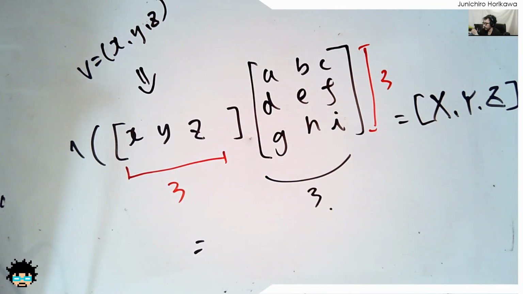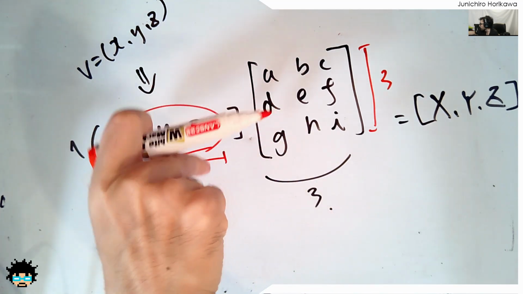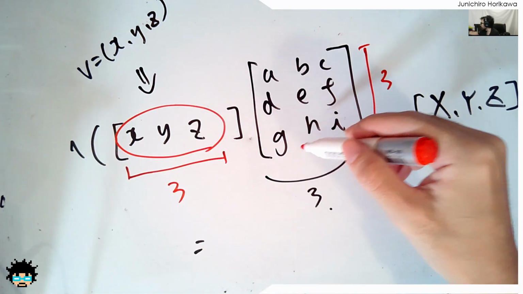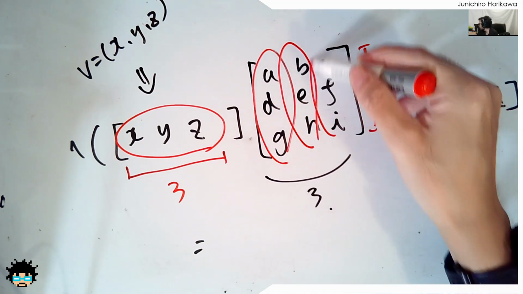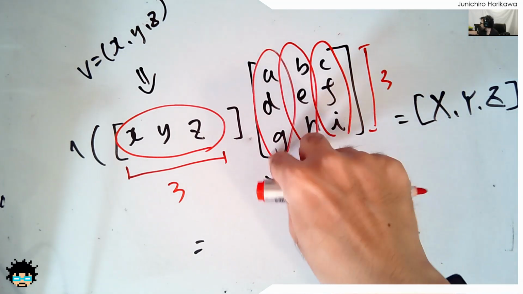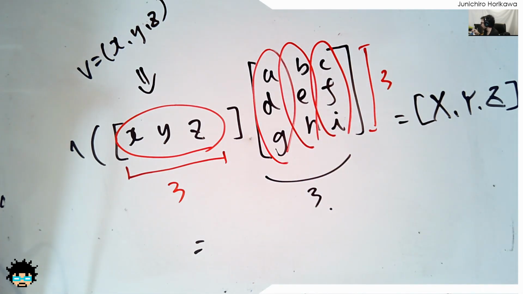So the rows will be calculated together with each of the columns. As a result, you have 3 column values, and each value looks like this.